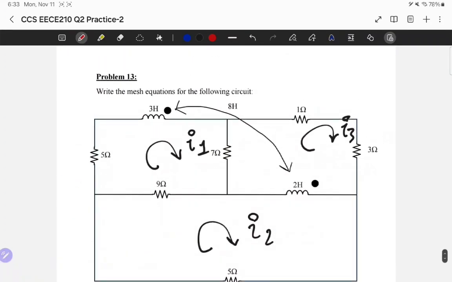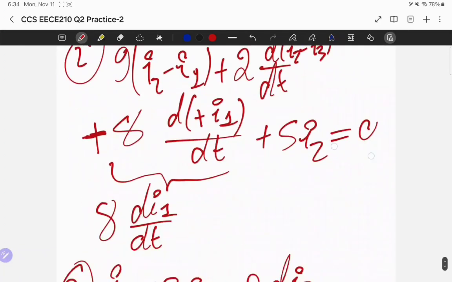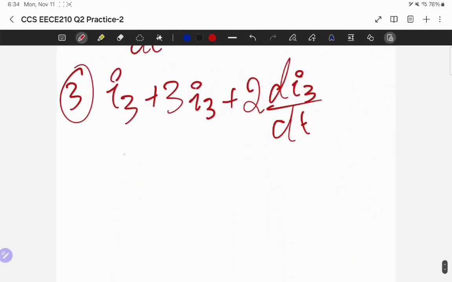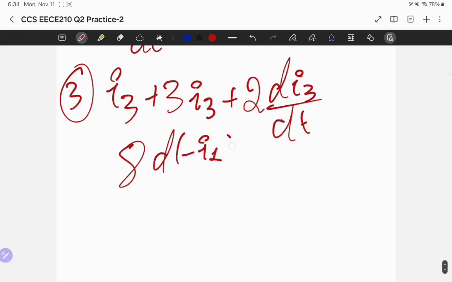Now, I need to focus on mutual inductance after this, so from this 2, I get back to the 3 Henry coil, and when I get back in here, I need to focus on the current that is flowing into the 3 Henry inductor. So the current flowing into this, we established it before, the mutual coupling is M. The current flowing into the dot of the 3 Henry inductor is minus I1 over dt.